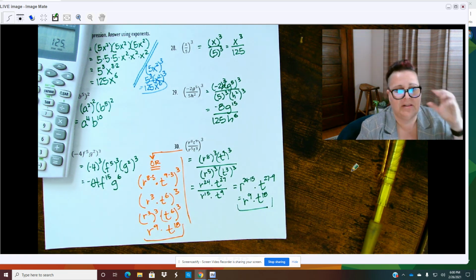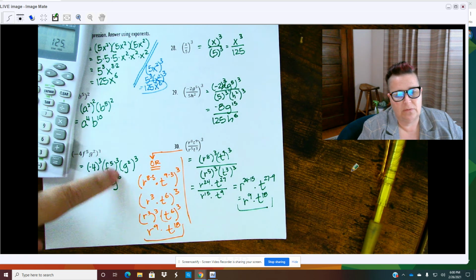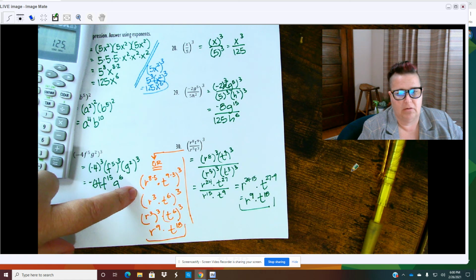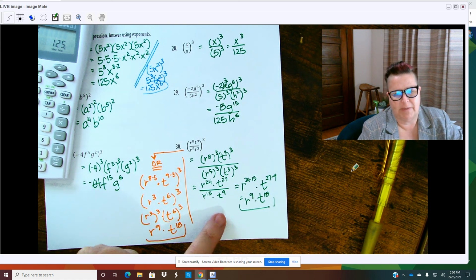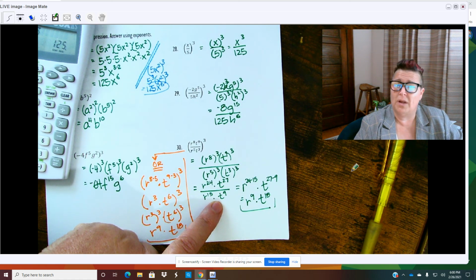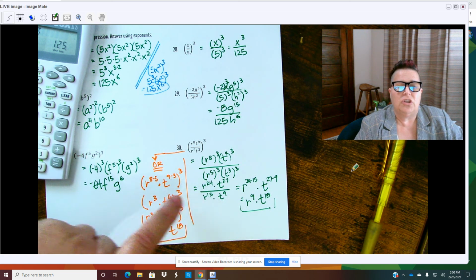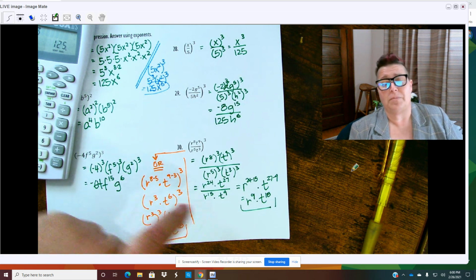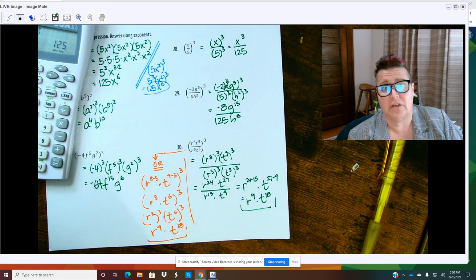I don't particularly think one is shorter than the other. I do like this one a little bit better, just because it's a little less messy. This one looks messier to me. But a lot of this is what you see and the order in which you see it. There are often different paths to the same correct answer here.